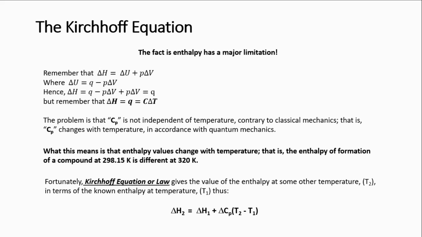Heat capacity values are not independent of temperature, as suggested by classical mechanics, and this marks one of the failing points of classical mechanics, because classical mechanics believes that heat capacity is independent of temperature.